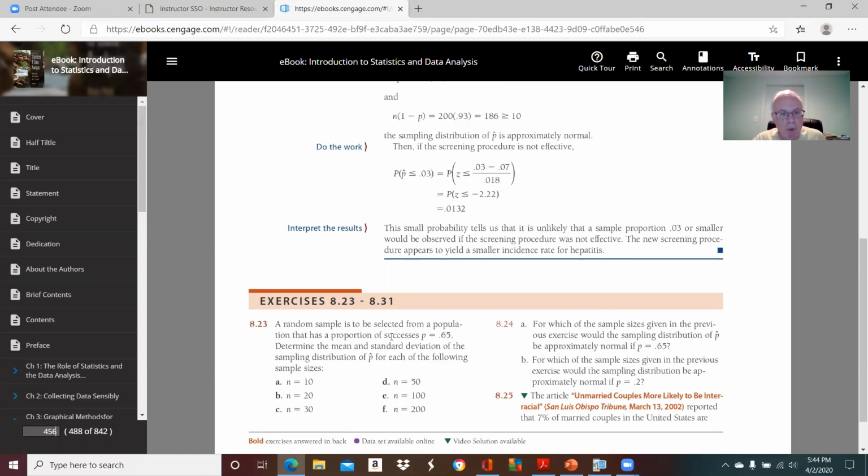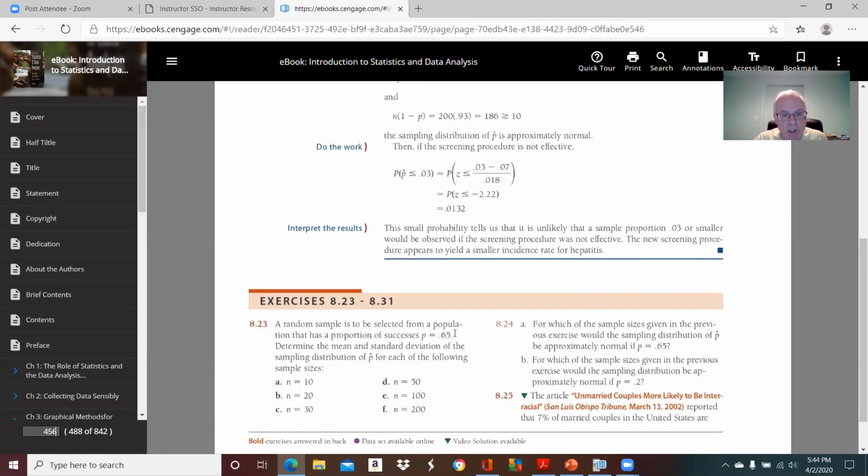Here's your proportion of success, 0.65. That's your population proportion. And you're supposed to estimate the mean and the standard deviation of the sampling distribution of p-hats.